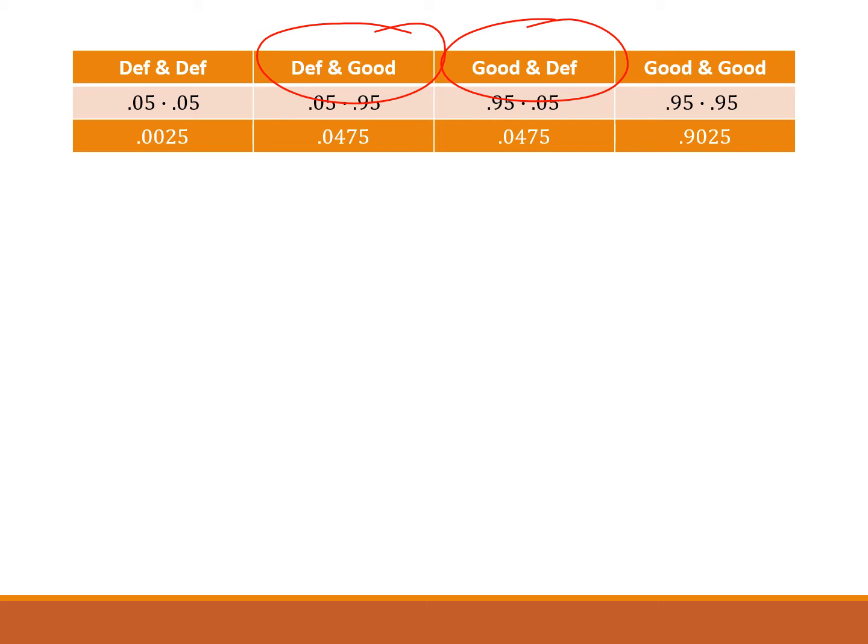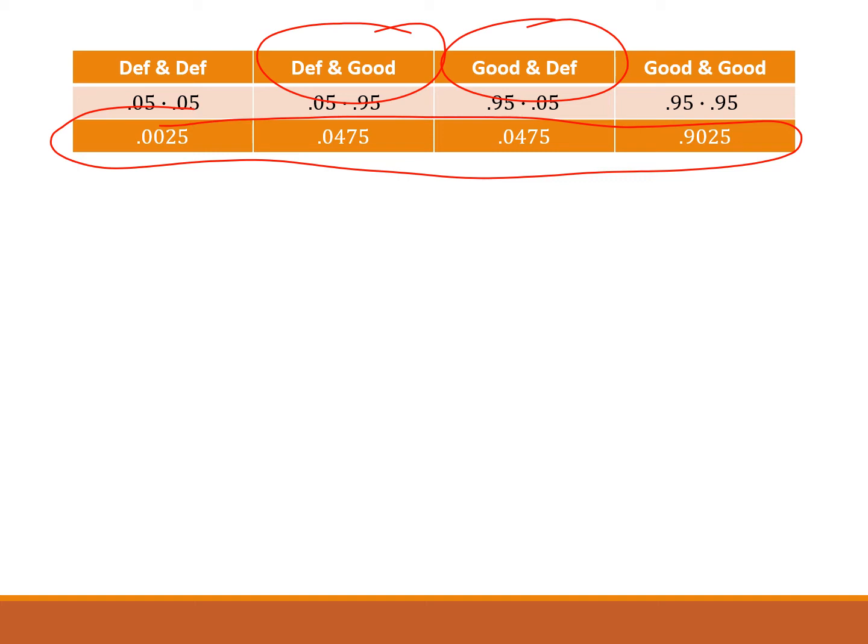Since this is all the possible scenarios that can happen with these two light bulbs in a box, if I added all of these up, guess what they have to add up to? 100% or 1. Remember, probabilities for every possibility in your situation always need to add up to 1. There's no way it can't.